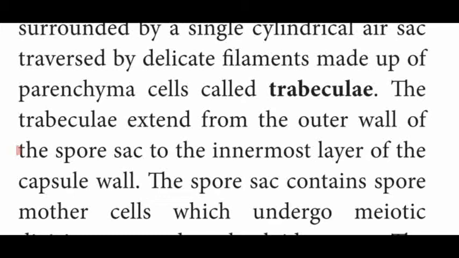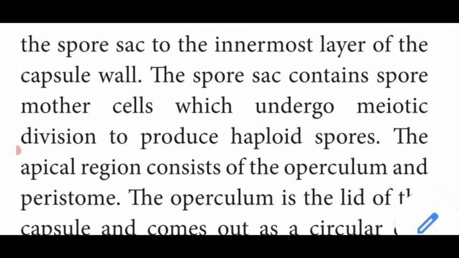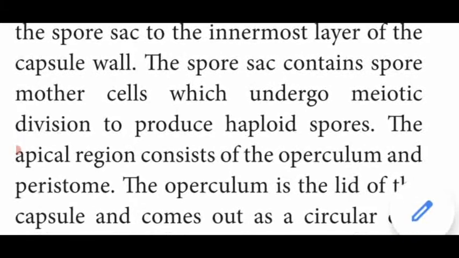The spore sac contains spore mother cells which undergo meiotic cell division and produce haploid spores. The apical region consists of the minute opening known as the operculum, and the peristome.